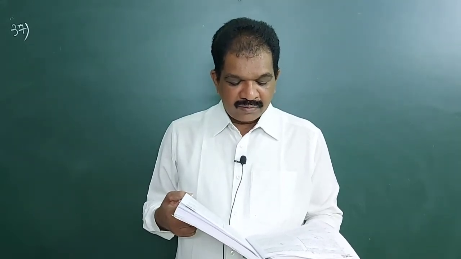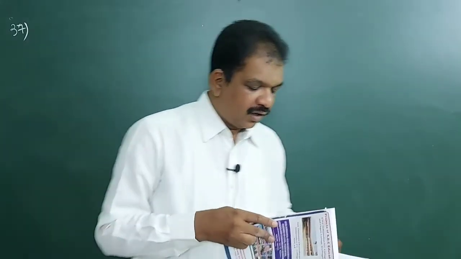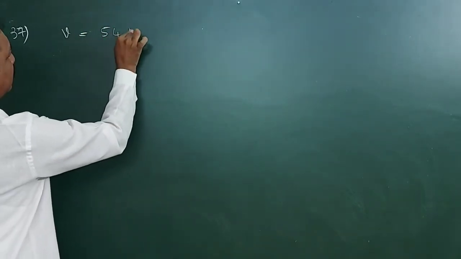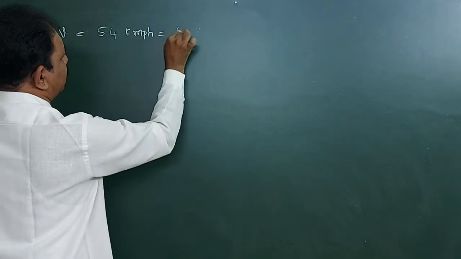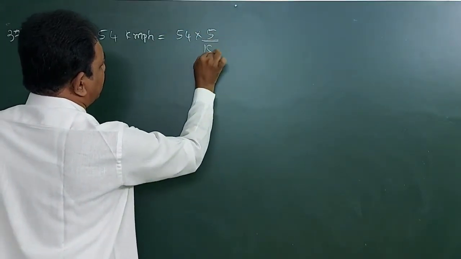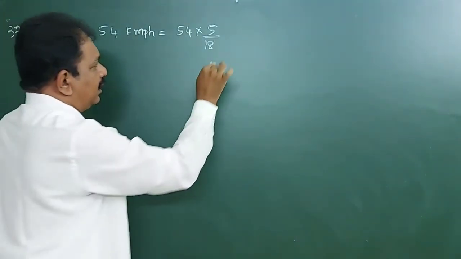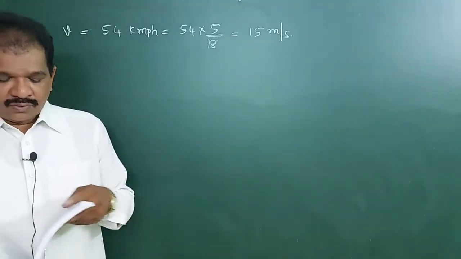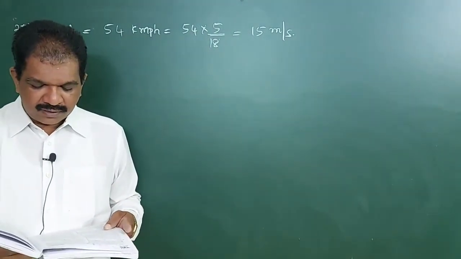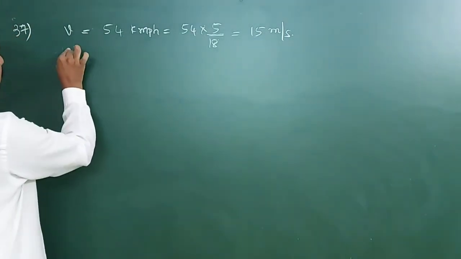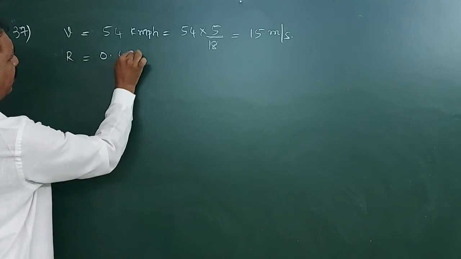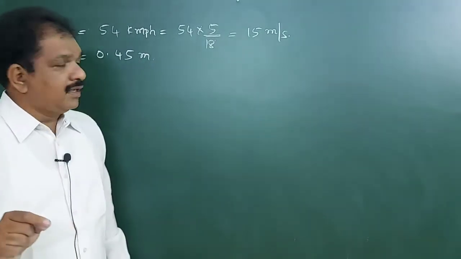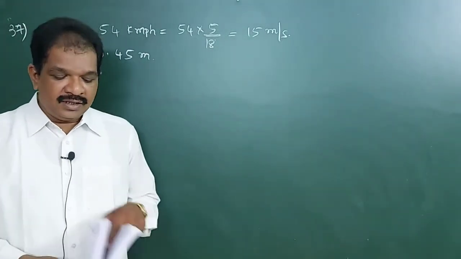An automobile is moving on the road with a velocity of 54 kmph. So convert this kmph into meter per second. 54 into 5 by 18. 18 threes will cancel, 3 5s are 15. So 15 meter per second. The radius of that wheel will be 0.45 meter.